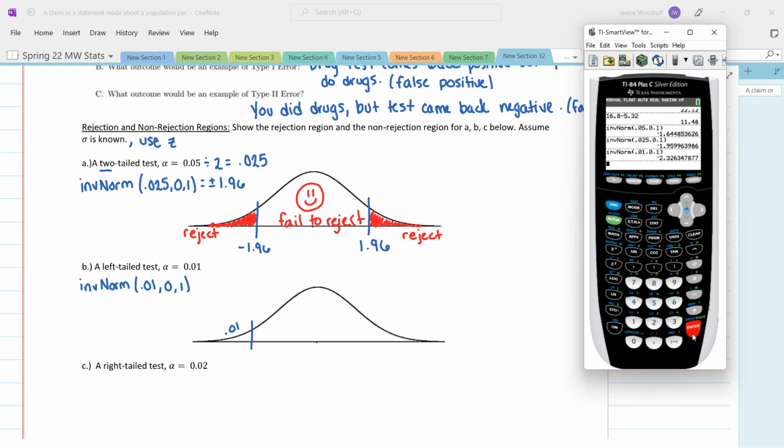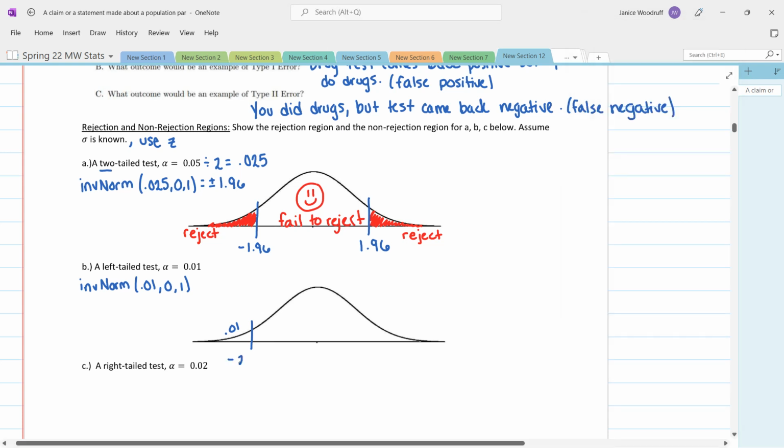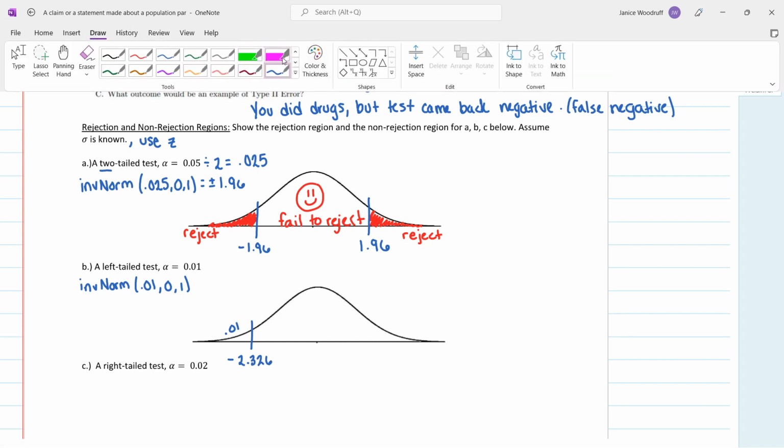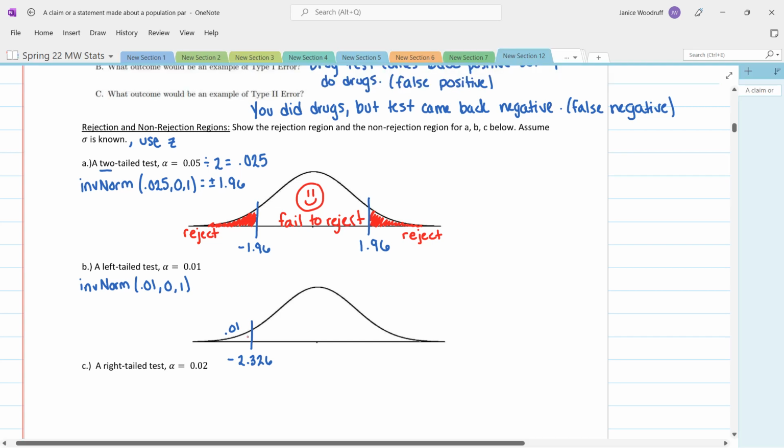So that would give us a negative 2.326. Okay, and then our rejection region would be to the left of the negative 2.326, so this would be your rejection region. And then outside of that, so anything above negative 2.326 would be fail to reject. And I like to just draw a smiley face.